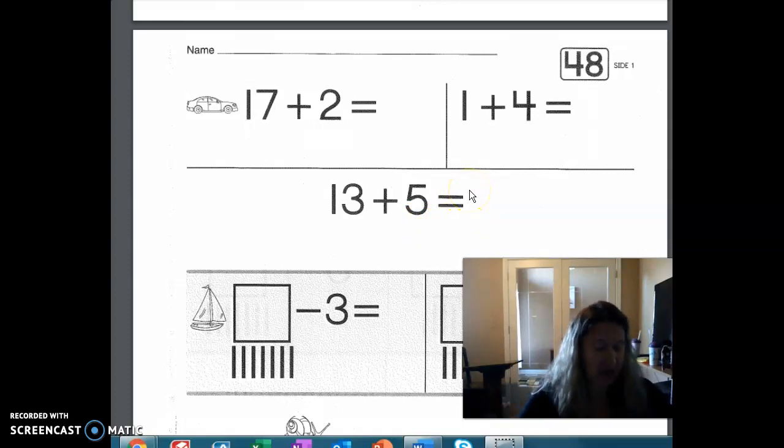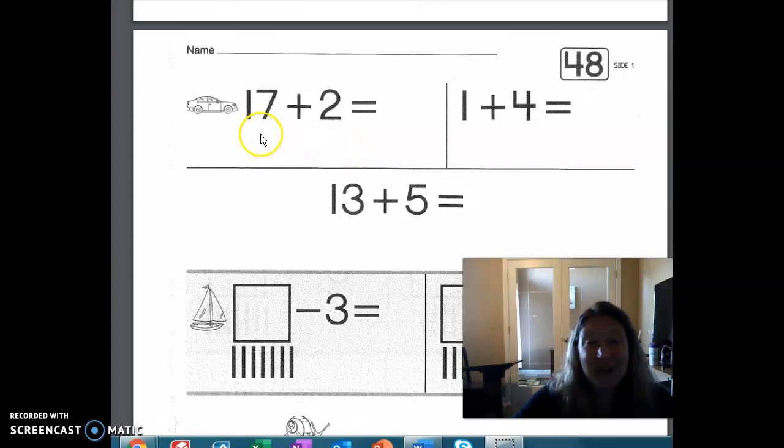All right. Now, for each problem, you'll make lines under one of these numbers. Let's go back to the front number here. Read that again. Yes, 17 plus 2. We are going to plus 2. So that means we are going to make lines for which number? The 2. Make 2 lines under the 2.